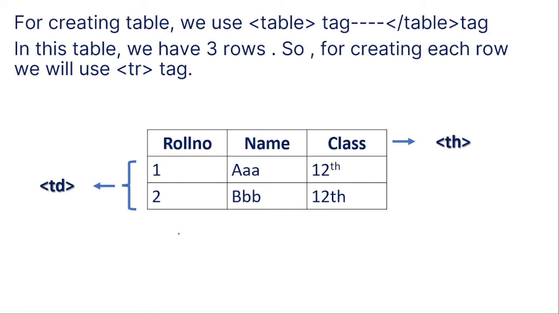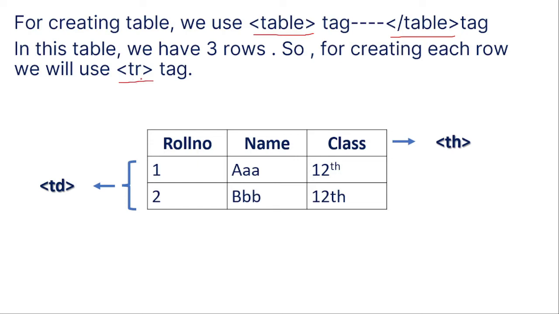और इसके बाद हम ये देखेंगे कि अगर आपको टेबल क्रिएट करना है तो टेबल को क्रिएट करने के लिए हम टैग कौन से यूज़ करेंगे. वी विल यूज़ टेबल टैग. Table tag is a paired tag. We have the closing of this tag also, so it's known as paired tag. And अगर आप इस टेबल को ध्यान से देखेंगे तो हमें यहाँ पे 3 rows create करनी है. So for creating number of rows, we will use number of time a tag, that is tr tag.